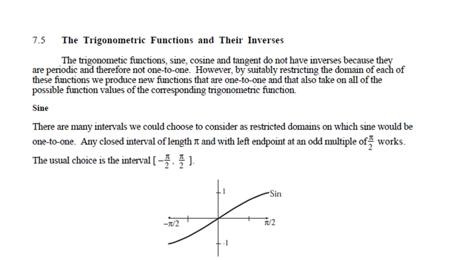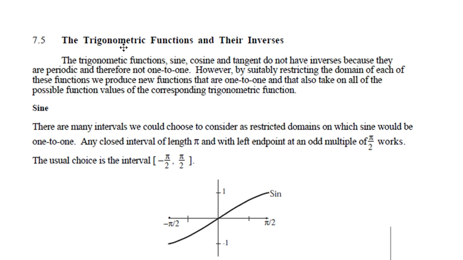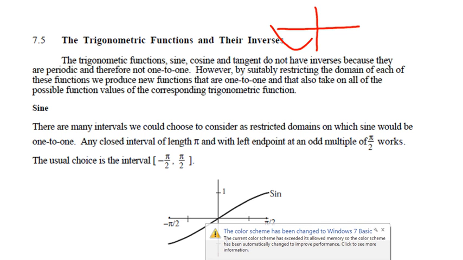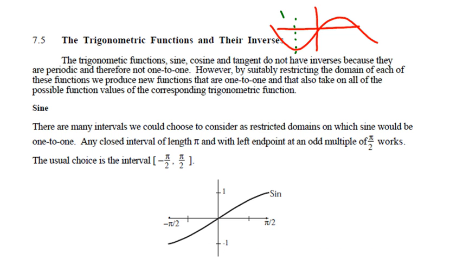So the idea is that you can take our function sine of x and cut it off at a point. So we could cut it off here at negative pi over 2 and here at pi over 2.